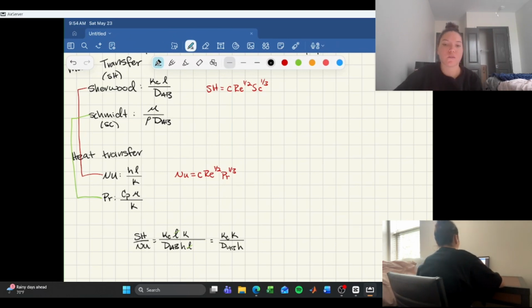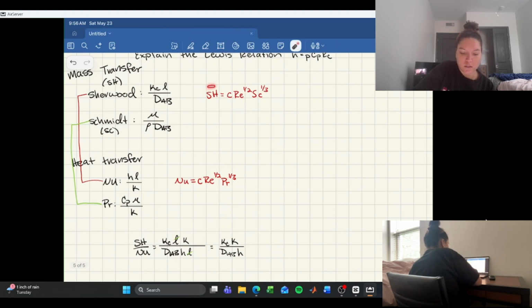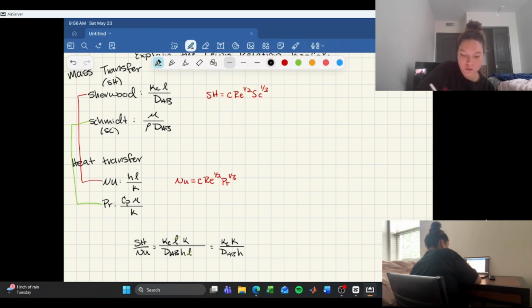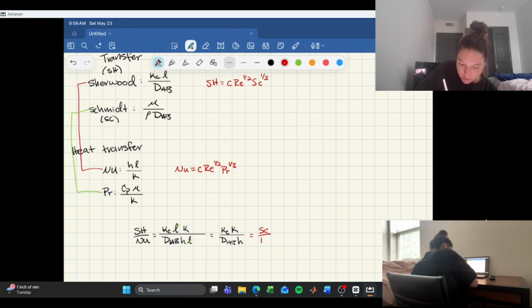Now looking back at the equations we wrote, if we divide the Schmidt number by the Nusselt number, these terms cancel and we're left with the Schmidt number over the Prandtl number to the 1/3.